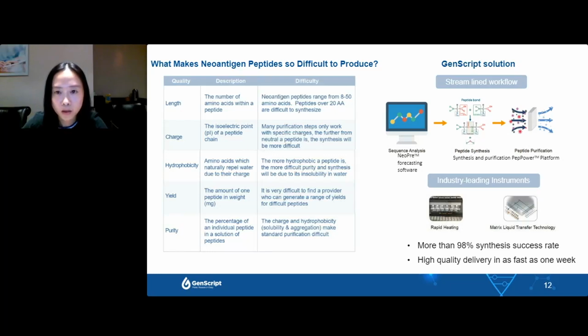Then we will synthesize and purify them under the PepPower platform. And also we have some industry-leading instruments to ensure we can provide more than 98% synthesis success rate, and we can provide high quality products as fast as 1 week.